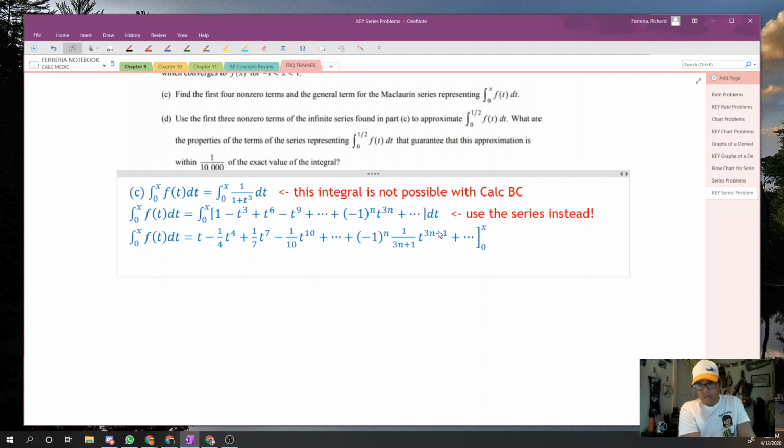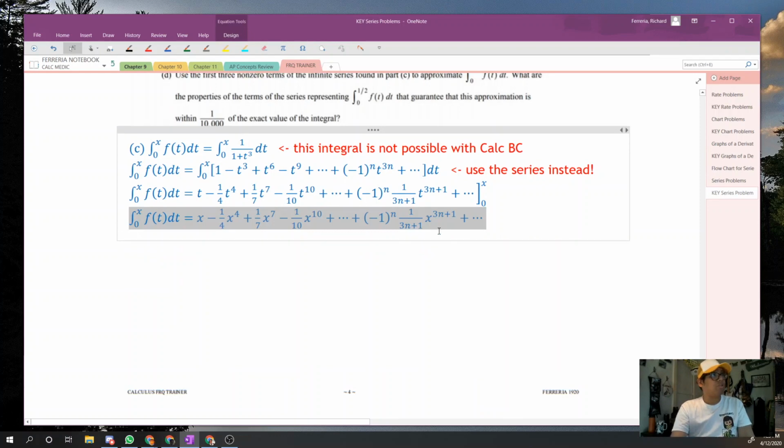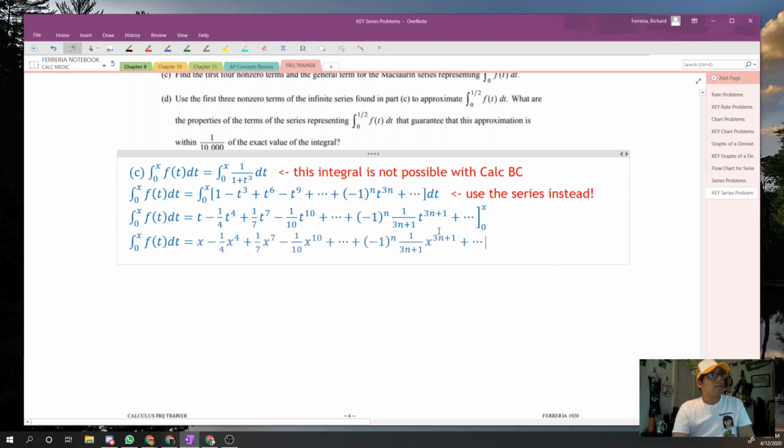I'm sure you know all of that already. Then you substitute x, substitute 0, and take a difference. And that gives you, look at that, all you do is change all the t's into an x. And that's your series. It even does a nice job with the general term.